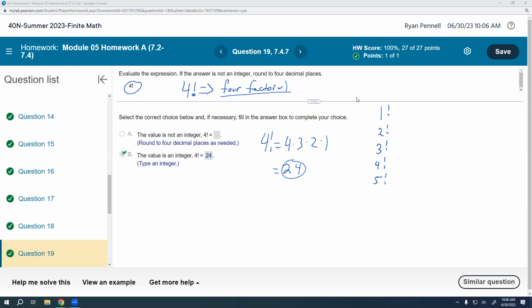So 1 factorial is just 1, 2 factorial is 2 times 1, 3 factorial is 3 times 2 times 1, 4 factorial, which we just did, is 4 times 3 times 2 times 1, then 5 factorial, and so on. I should mention that 0 factorial is defined to be the number 1. We'll need that in a different formula, but 0 factorial is thought to be the number 1.